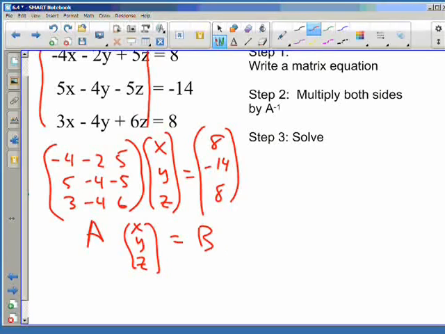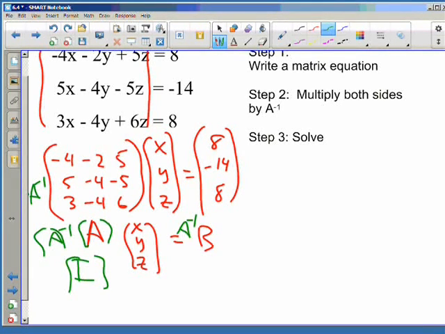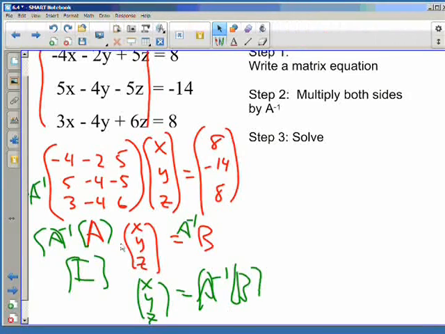I'm going to set up in the graphing calculator matrix B. I can multiply A inverse times A, which also then A inverse times B, and the order in which you write these matters. Then A inverse times A does equal the identity, and remember that identity times any matrix gets back itself, so we would just get [x; y; z] equals A inverse B. We can do that on a calculator.